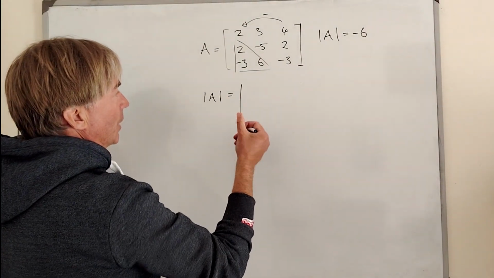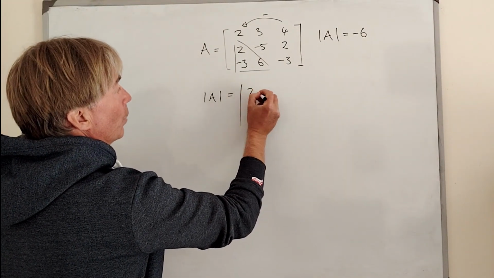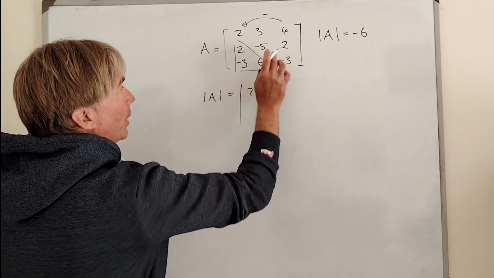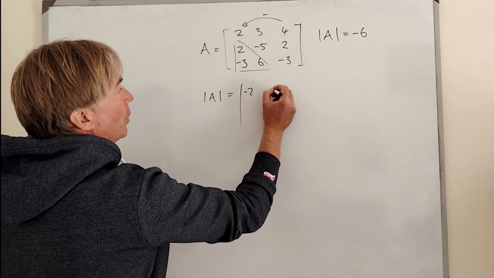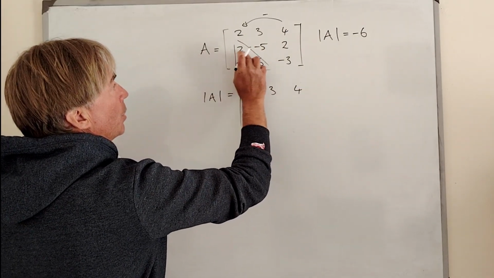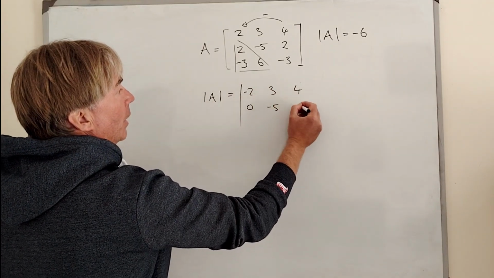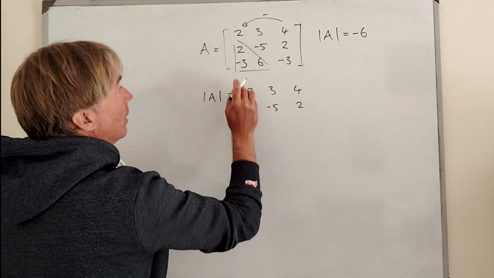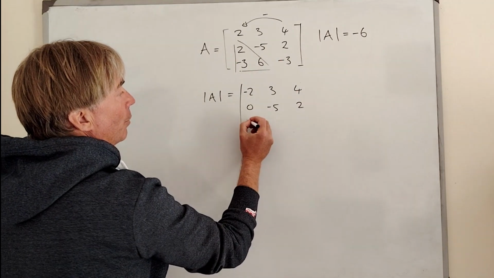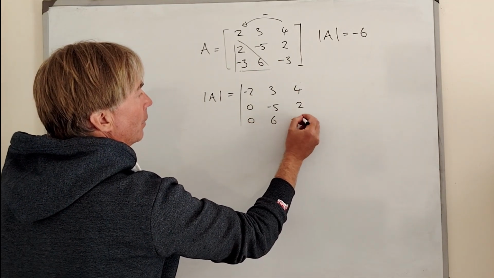So the matrix itself is changing, but the determinant won't. So that's going to be 2 subtract 4, so that's -2. There's going to be 2 subtract 2, so let's turn that to 0. That's still -5, and that's still 2. So we're leaving this as it is. And then -3 subtract -3, that's also 0, 6, -3.